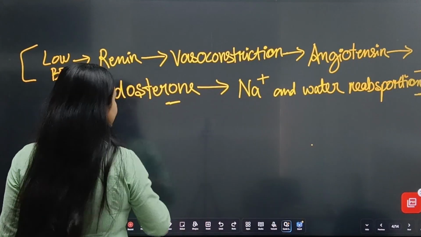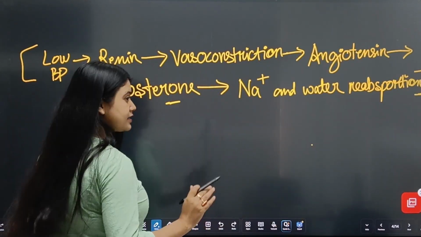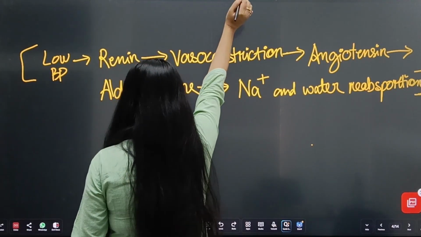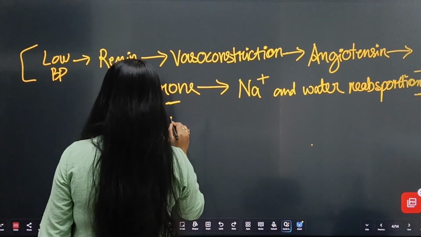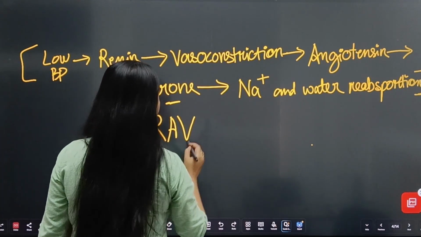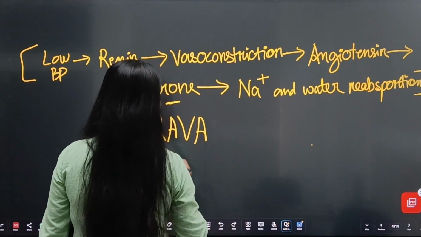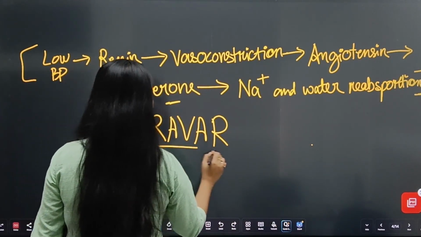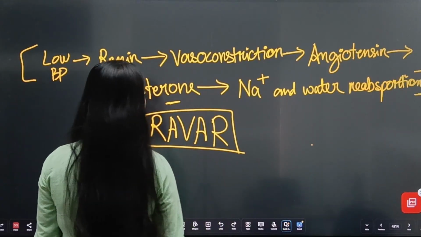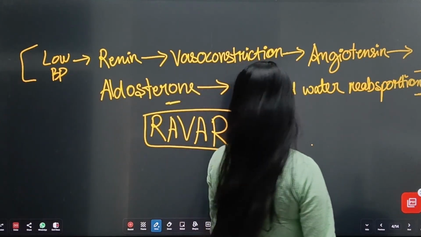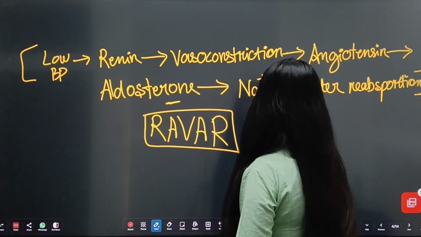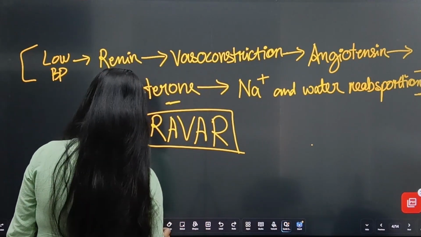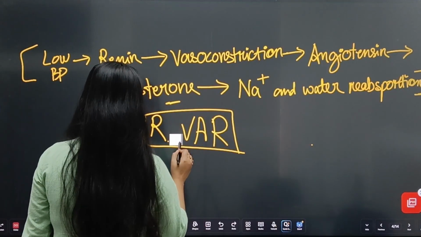All this events, or this entire process, use this trick. What is it? Ravar. R-A-V-A-R. One minute, a slight mistake.